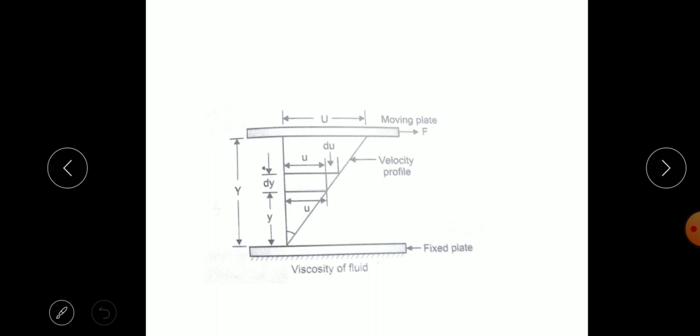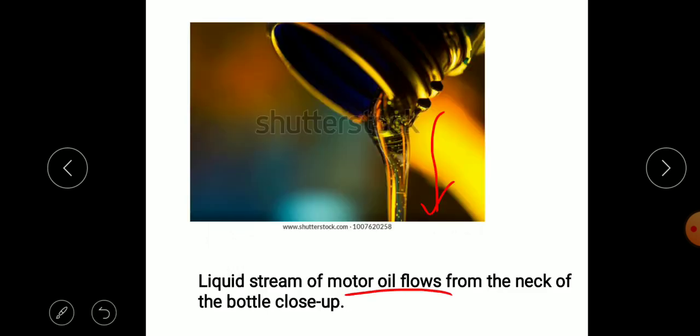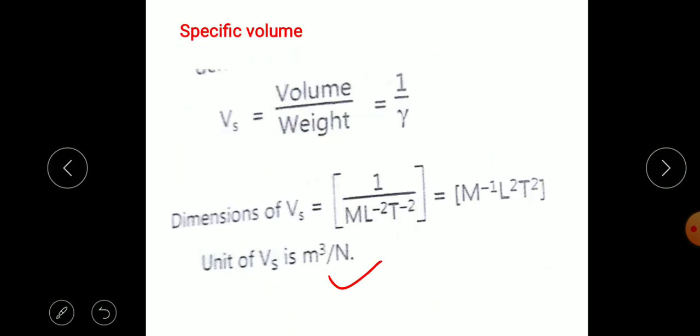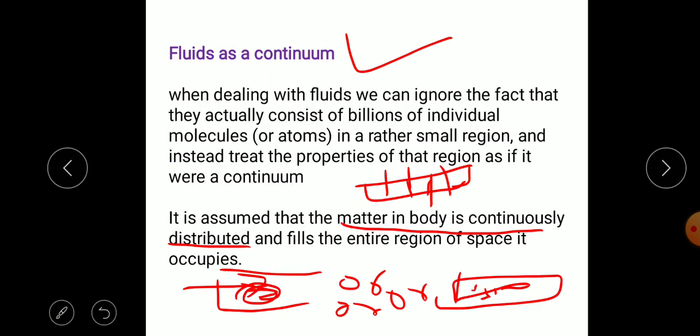So you have to consider its pressure, its density, and its properties. There are a number of applications of fluid mechanics in daily life. We have considered the different properties of the fluid. In the next class we will see the remaining properties.